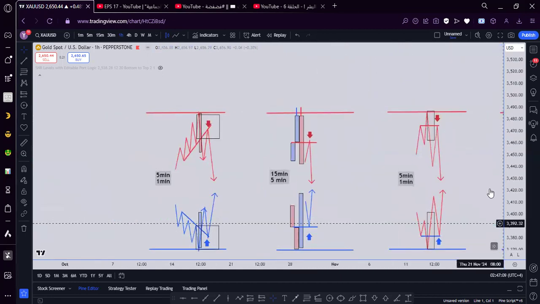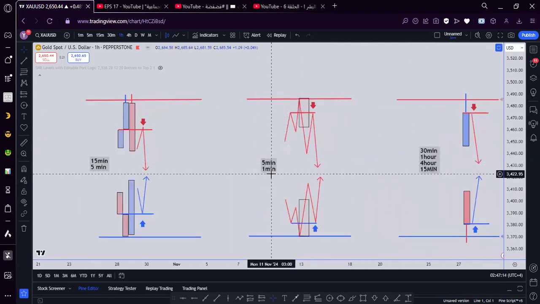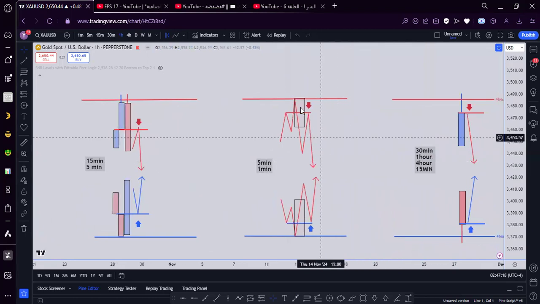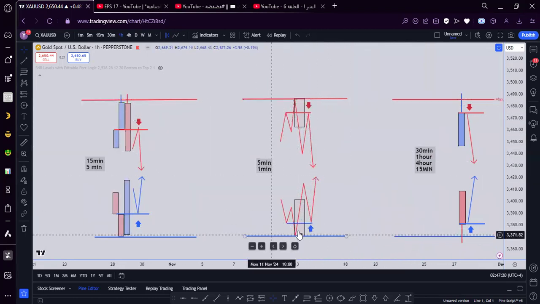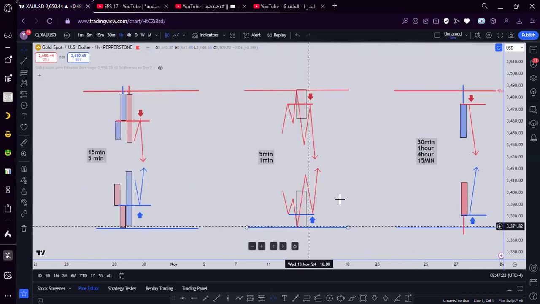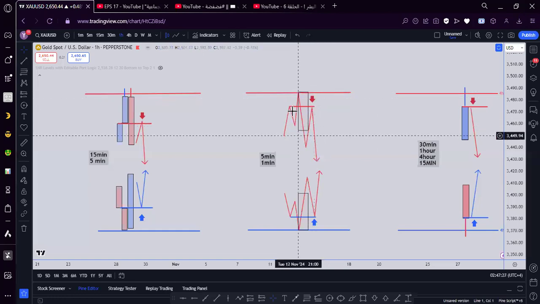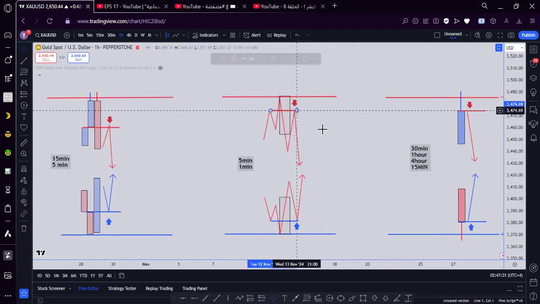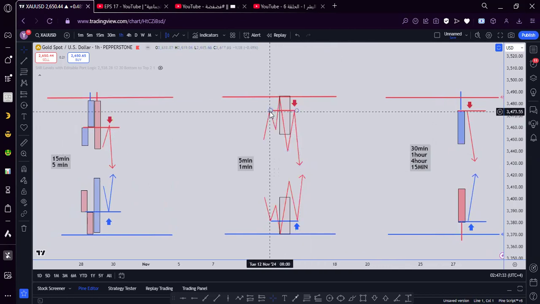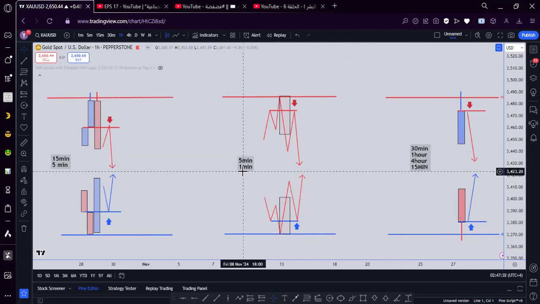Another type of confirmation happens on the 5-minute and 1-minute time frames only. If you had a bearish KM from your sell level, or a bullish KM from your buy level, and this breakout happens with an engulfing candle, you can enter after the price pulls back to your left shoulder on the 5-minute or 1-minute time frame.